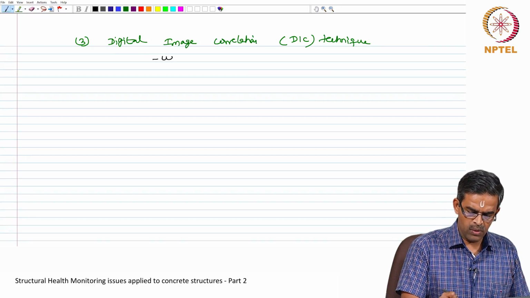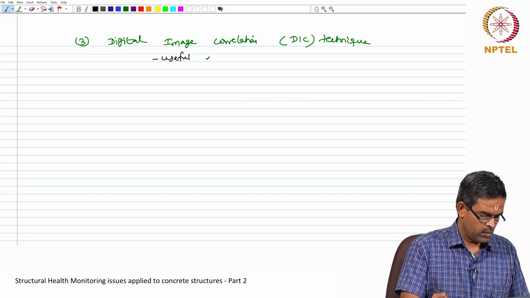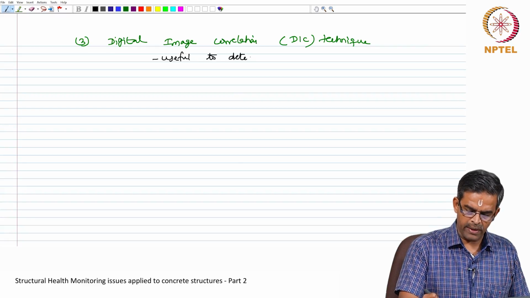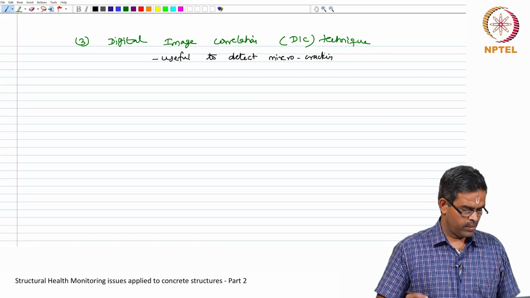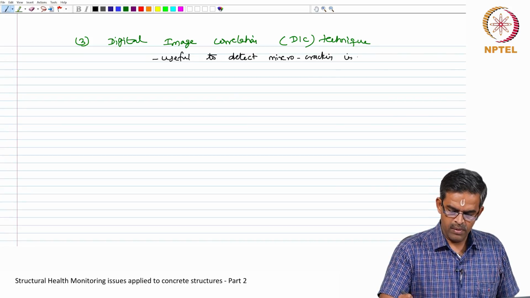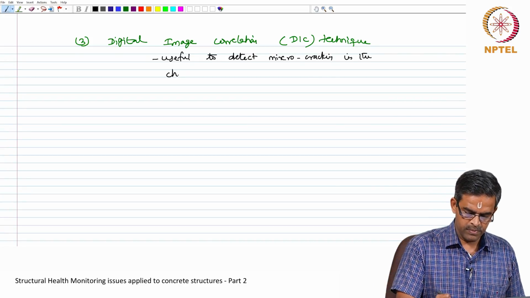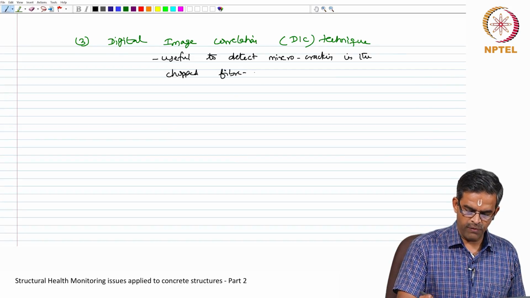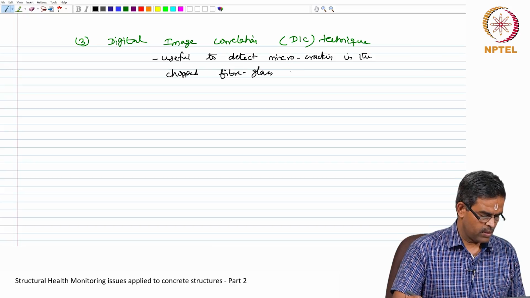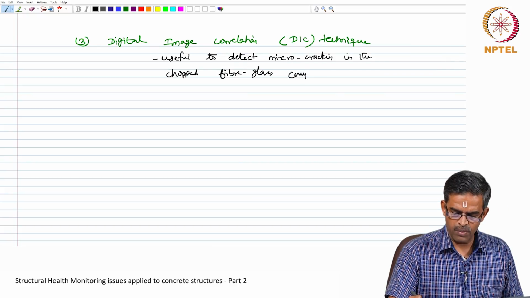This is useful to detect micro cracking in the chopped, let us say, fiberglass compressive molded parts.